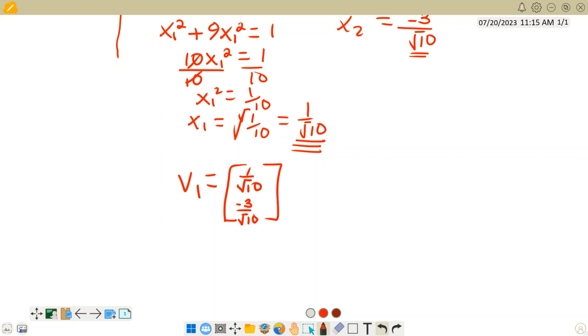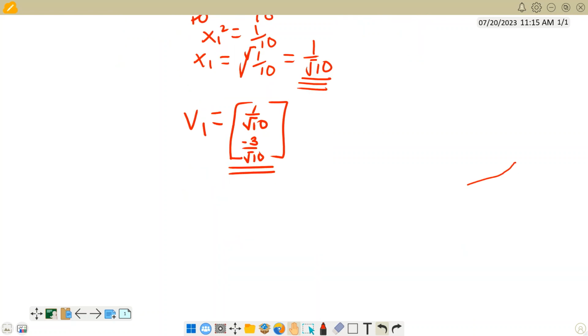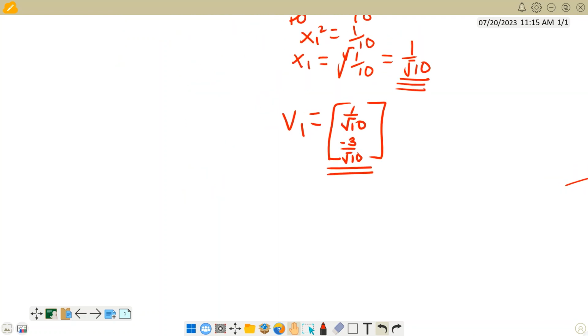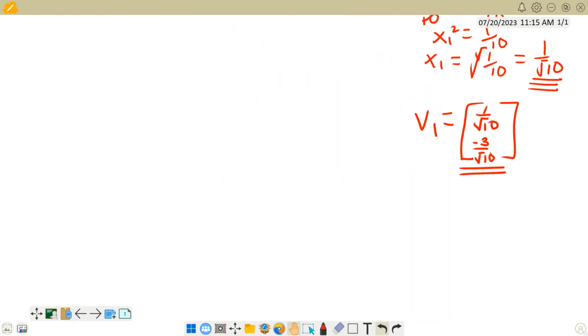So this is our first vector, vector 1, which we've gotten after using the first lambda there. Okay, now from here we can go ahead and get the other vector using the second Eigen value.